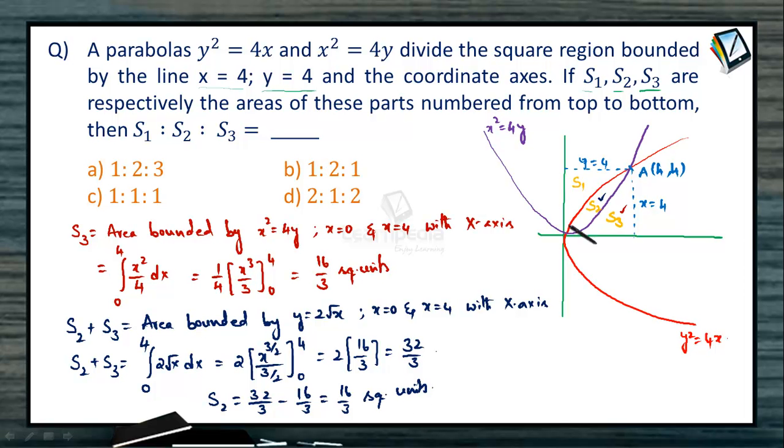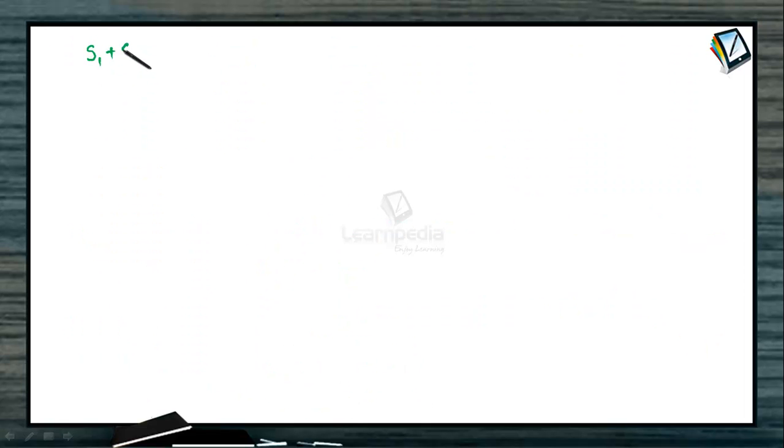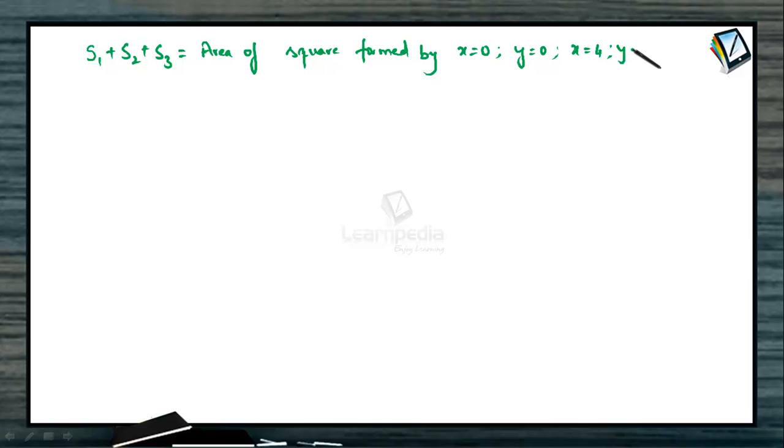Now what is left? We need to evaluate S1. Now if you look at S1 plus S2 plus S3, this total would be the area of the square formed by the coordinate axes, that means x equal to 0, y equal to 0, and the lines x equal to 4 and y equal to 4. That's a square having side 4 units, so this is 4 into 4, that would be 16 square units.